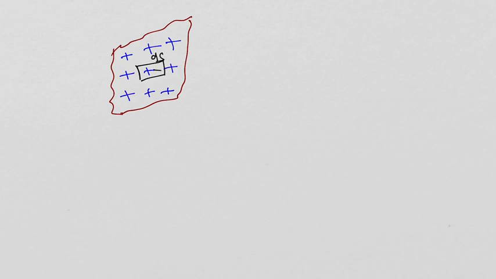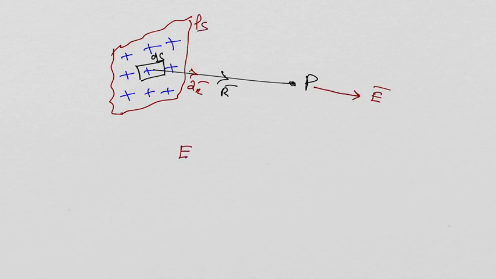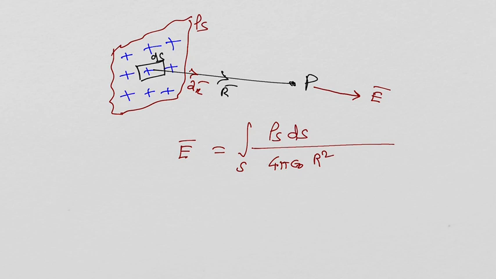I assume a point P at a distance R vector whose unit vector is AR, and the total electric field intensity at point P is E equal to, instead of Q replaced by rho S ds, the integral of rho S ds divided by 4 pi epsilon naught R squared into the AR unit vector.